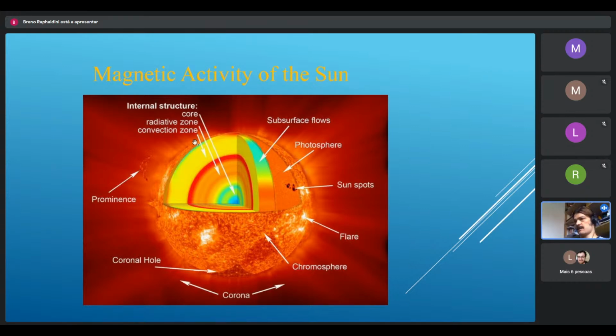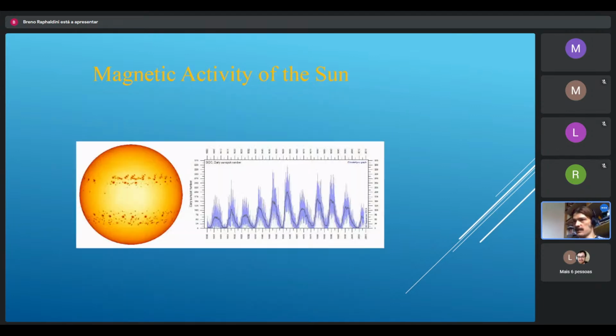In particular, the magnetic fields generated in this region emerge from time to time, generating the emergence of magnetic field structures in the solar photosphere that can have many effects and can be observed.